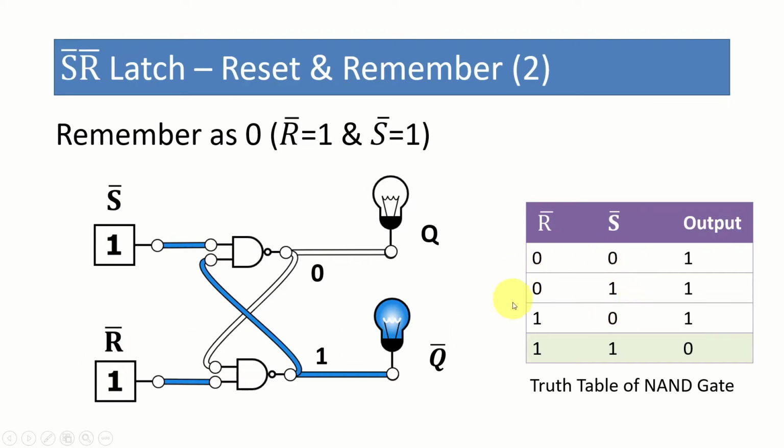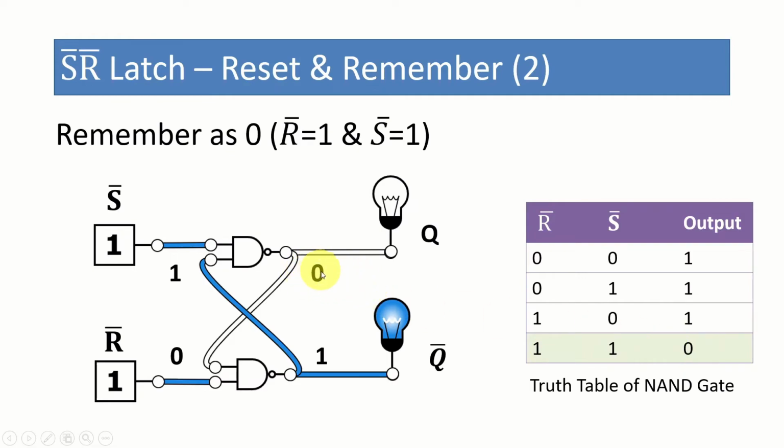Again, we have to look for the scenario where at least one of the inputs is 0, because both the inputs are 1. Here we have the output 0 that will be fed here, and now we know that one of the inputs is 0, which means this NAND gate gives the output 1, and that one is fed to the first NAND gate, and when both are 1, the output is 0.